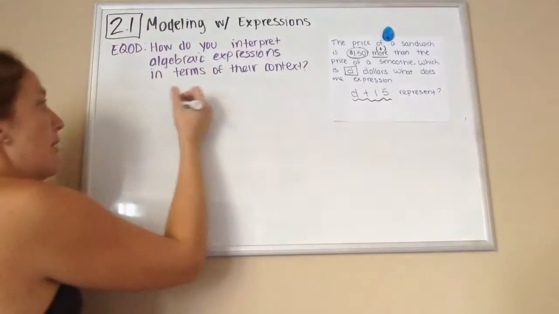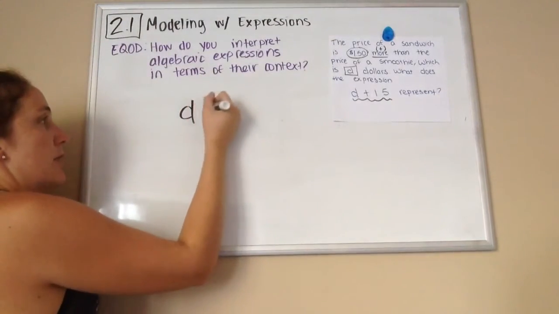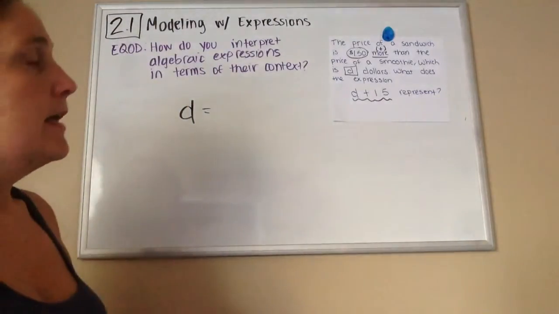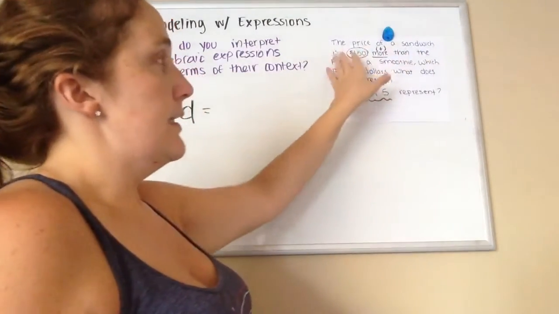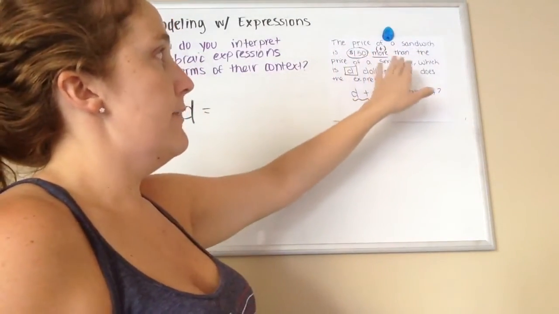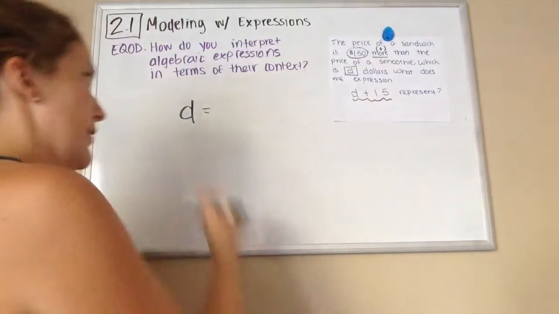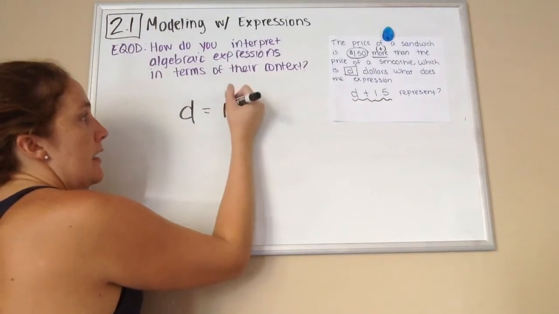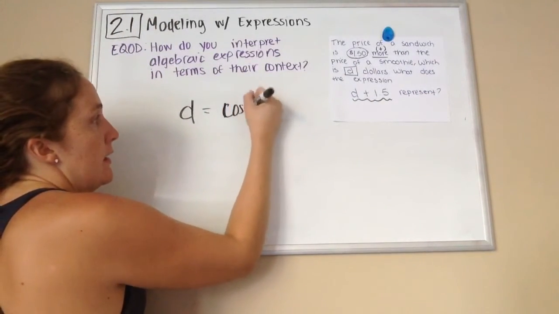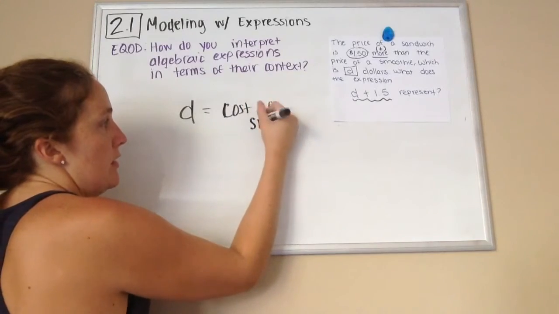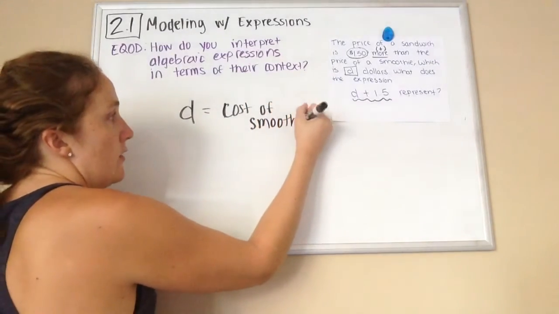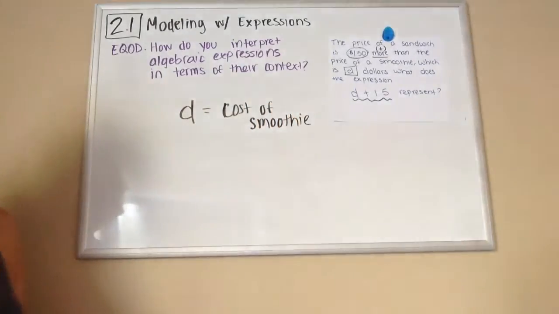All right, so let's think about our variable D. What does D really represent? The price of a sandwich is $1.50 more than the price of a smoothie, which is D dollars. Okay, so D is the cost of a smoothie. All right.